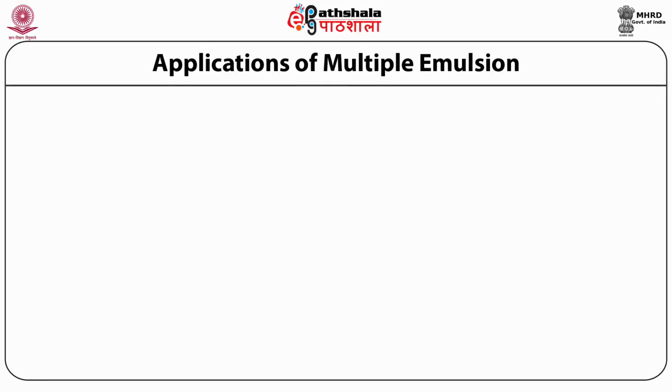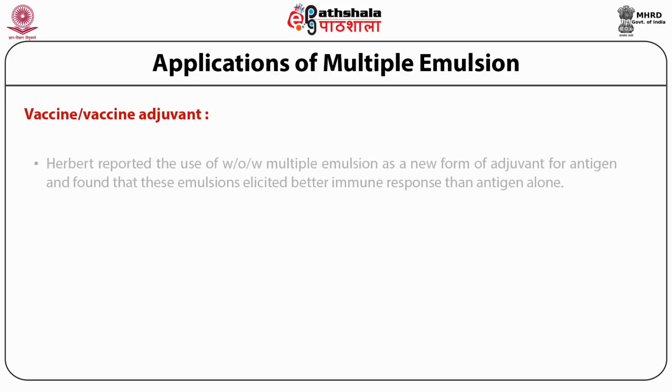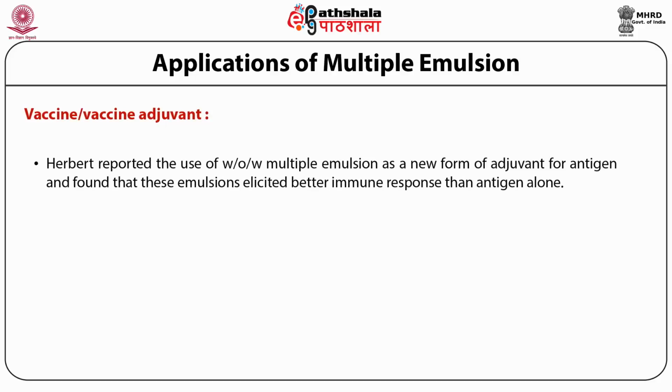Another application of multiple emulsion is vaccines or vaccine adjuvants. Herbert reported the use of water in oil in water multiple emulsion as a new form of adjuvant for antigen and found that these emulsions elicited a better immune response than antigen alone.